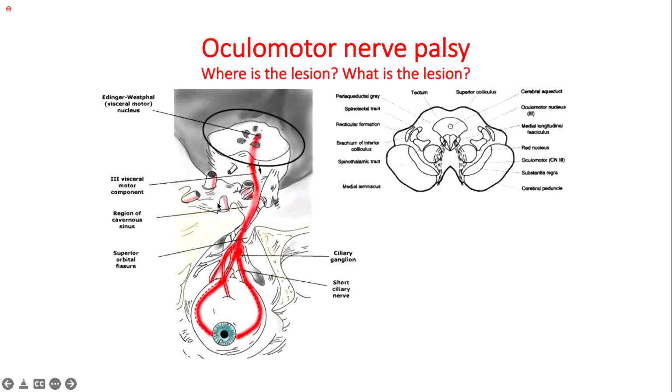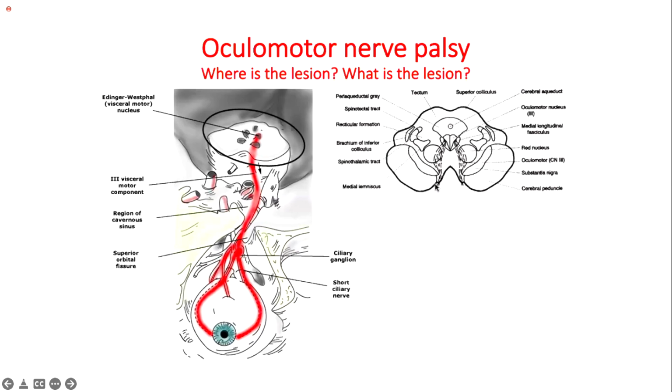Now if you take the midbrain, you know all the structures in the cross-section of the midbrain, and that is why you learn the cross-section of the midbrain. So that if you have a lesion there, in a midbrain lesion with a third nerve palsy, you will have a contralateral hemiparesis, because these are the pyramidal fibers here. If you have a lesion here on the left side, you have a left-sided third nerve palsy with a contralateral hemiparesis.